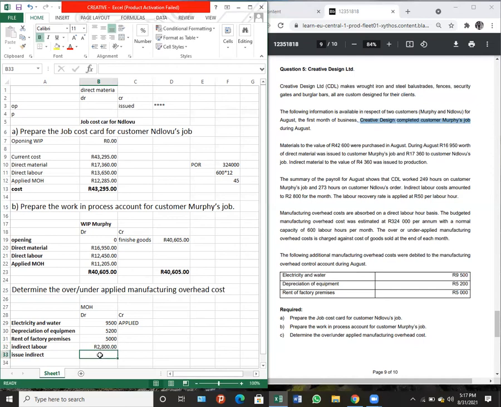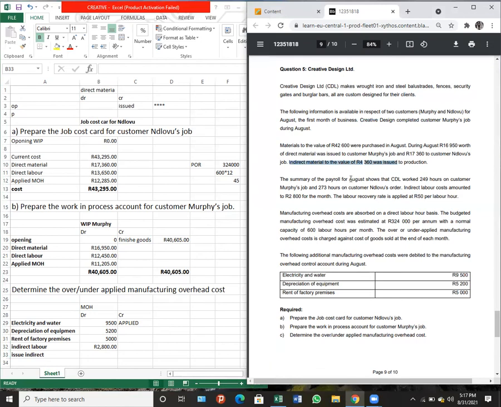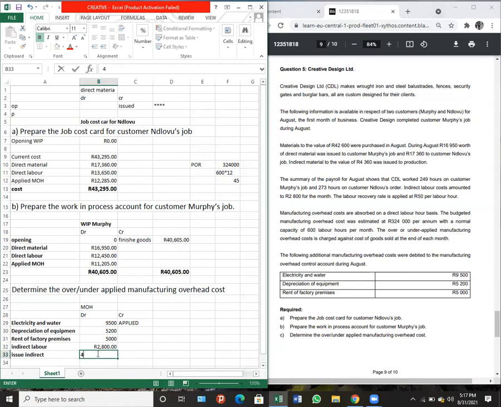And then the issued indirect material, 4,360. Correct. 4,360.